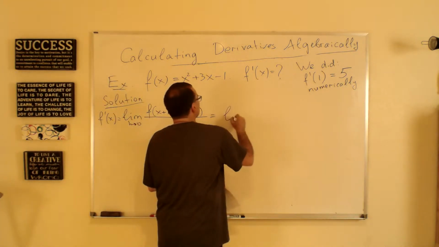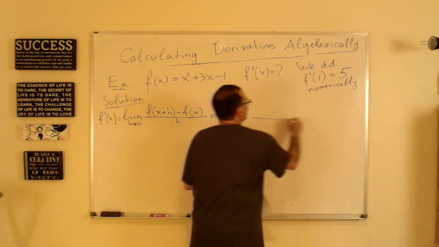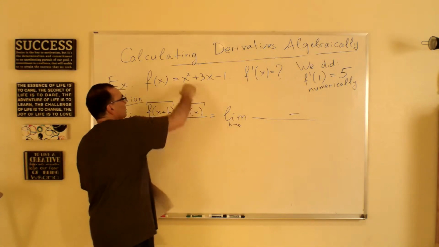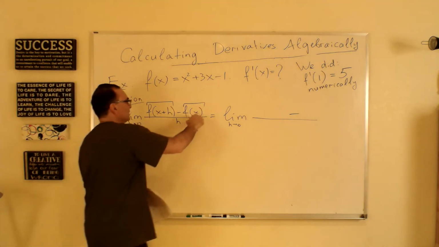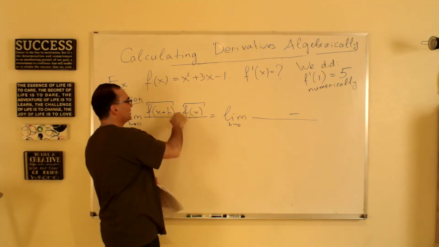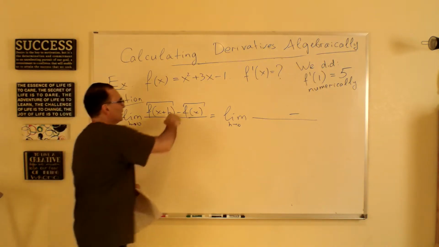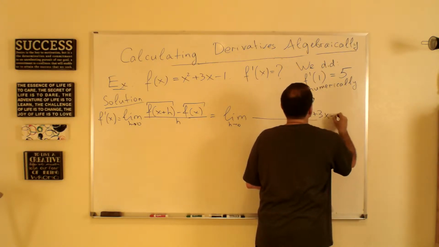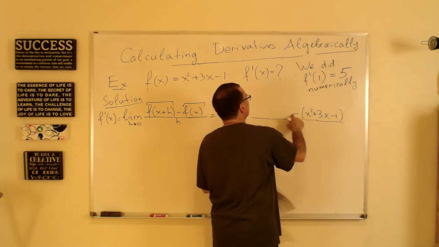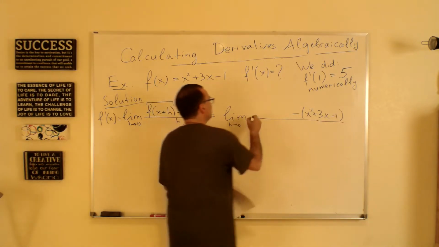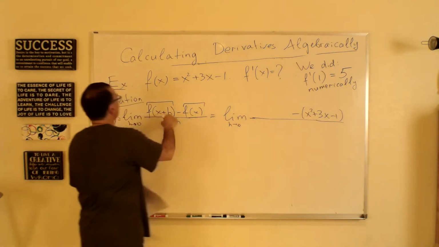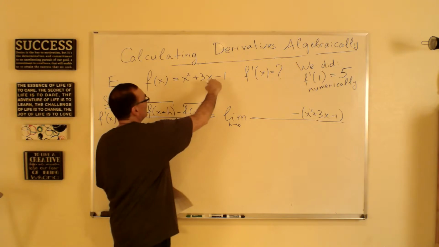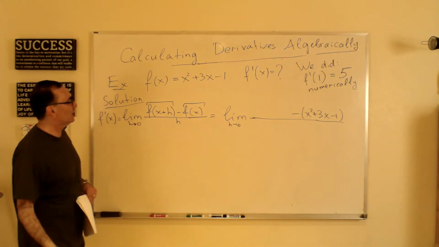Once again, what we need to do is expand both f of x and f of x plus h using the given formula. f of x is easy, it's just a copy of this formula. However, there is a minus in front of that, and this means that it has to be in parentheses: minus, x squared plus 3x minus 1 in parentheses, because this minus will eventually distribute. Now, for the first part of the formula, we have to plug in x plus h. And again, either mentally or physically, you erase x in both places. In any place where x occurs, we replace it with x plus h.